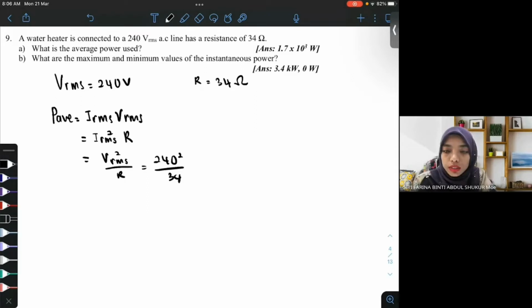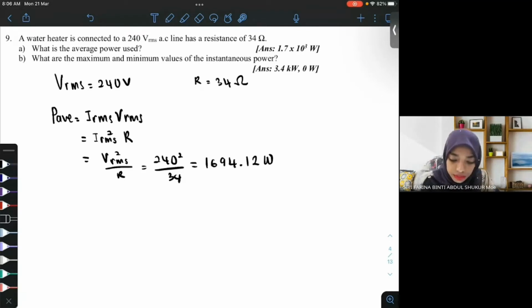240 divided by 34, you will get 1694.12 watt. So this is your answer.